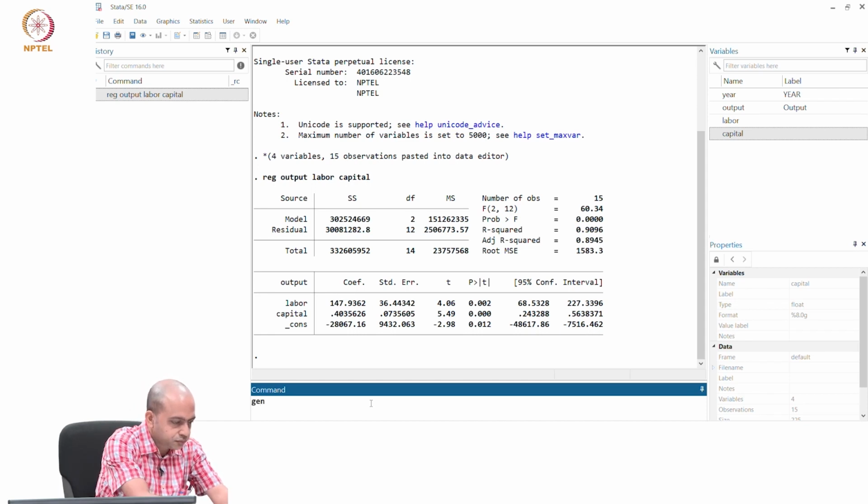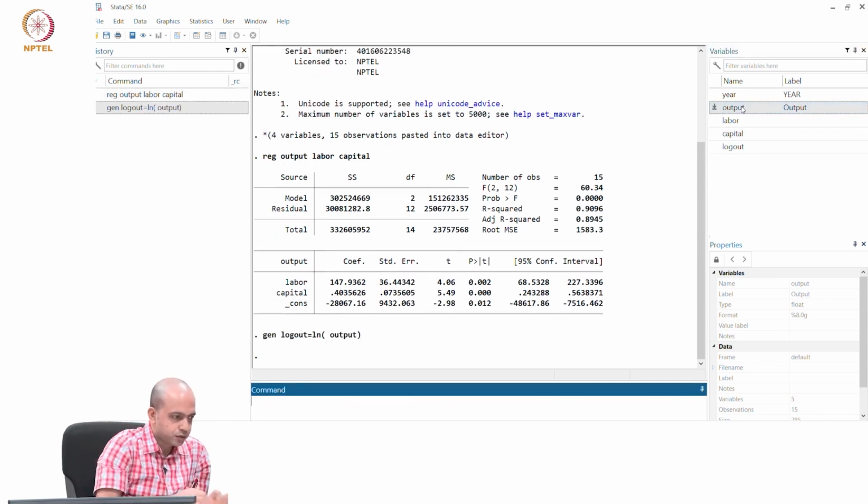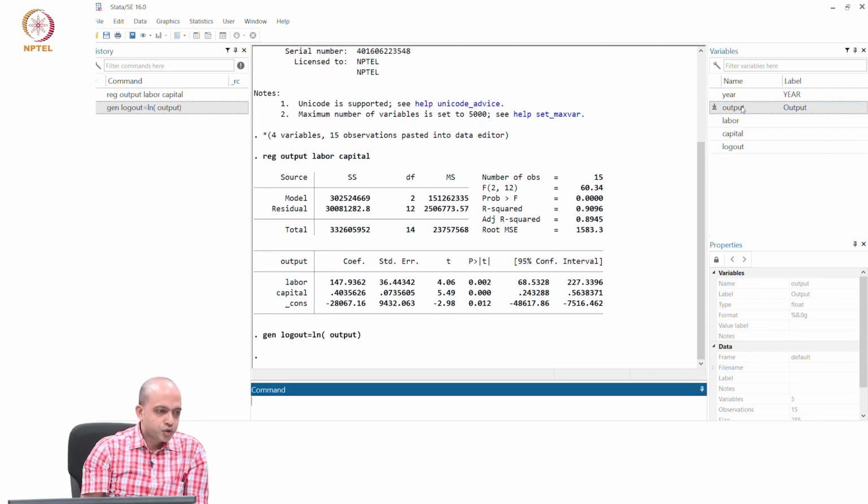Let us say log output equals to ln and then output in brackets. This is the command. So, that means I have transformed my output into log and I have given a name called log out. Log out is the logarithmic transformation of the output variable.